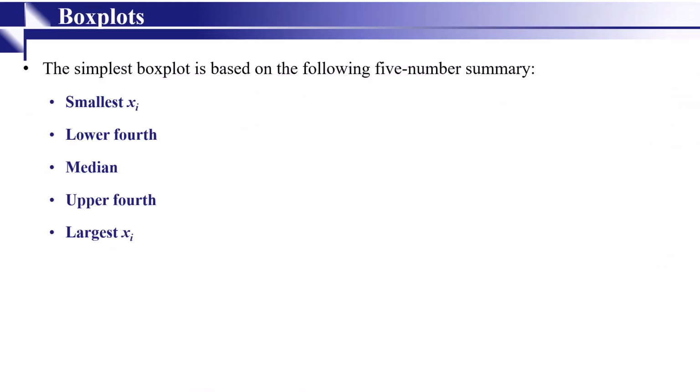The simplest box plot is based on the five number summary: smallest xi, lower fourth, median, upper fourth, and largest xi. If you have these, then we can go for a box plot. First, we draw a horizontal measurement scale. Then we place a rectangle above this axis. The left edge of the rectangle is at the lower fourth, and the right edge is at the upper fourth.